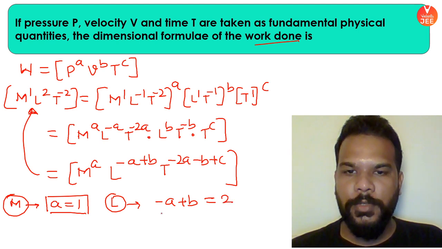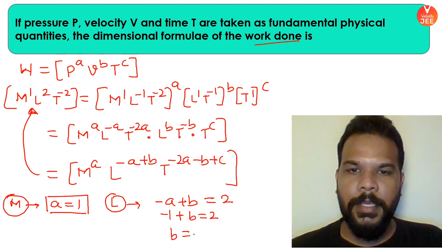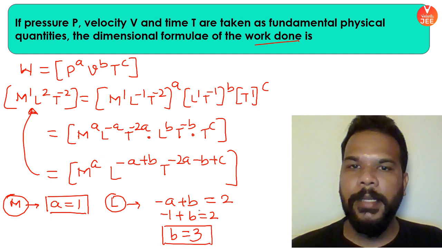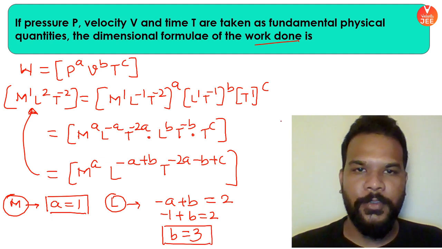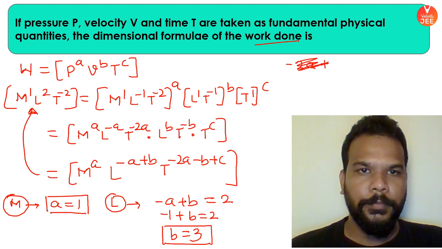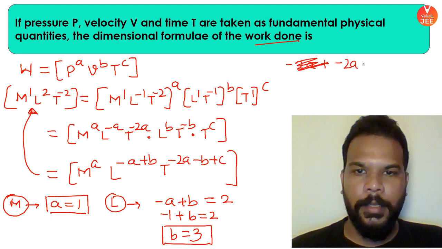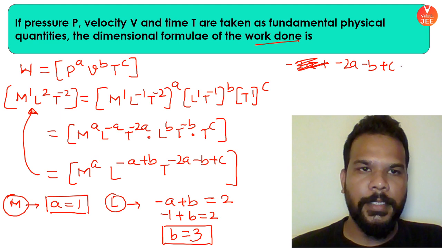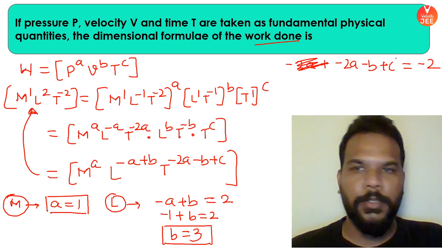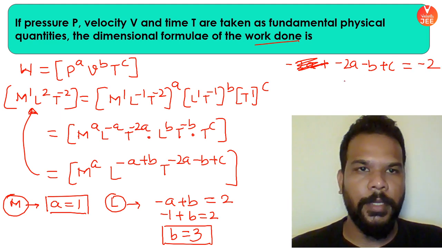Okay. If I compare L, then I have minus a plus b equal to 2, and a value is already found, so minus 1 plus b equal to 2, that gives me b equal to 3. Yes or no guys? Minus 1 goes to the right hand side, the value becomes 2 plus 1, that is 3. And finally minus 2a minus b plus c equal to minus 2, because T to the power is minus 2 here.